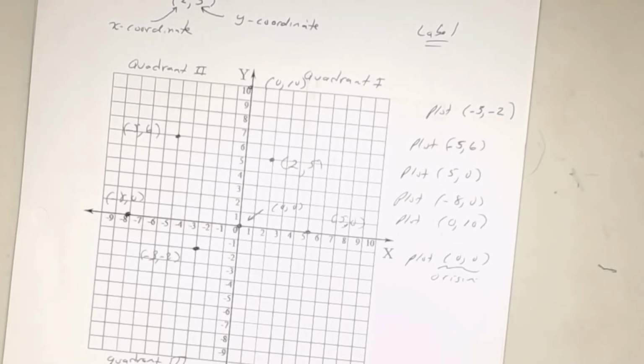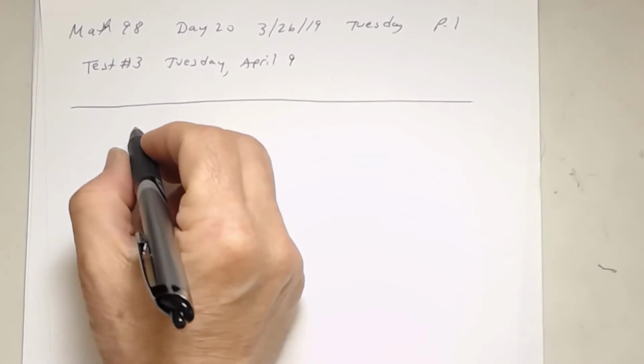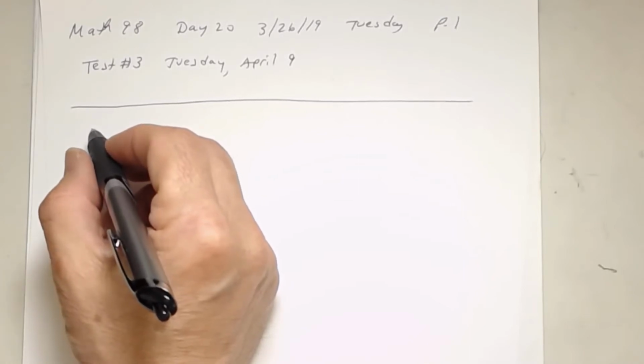Okay? Now, what you're going to do is this. So if you recall, Tuesday, April 9th. Everything we've done to this point has either been an equation or an inequality, right?